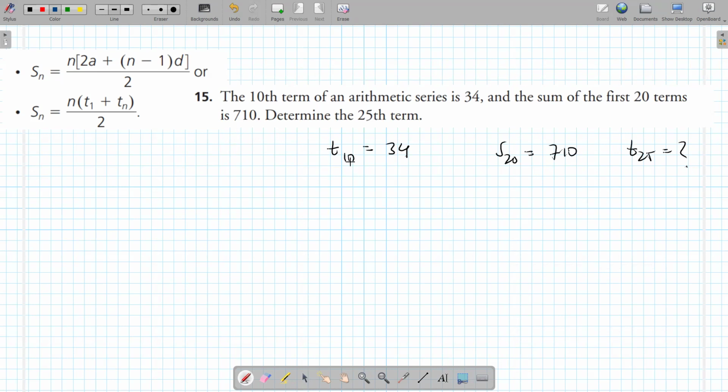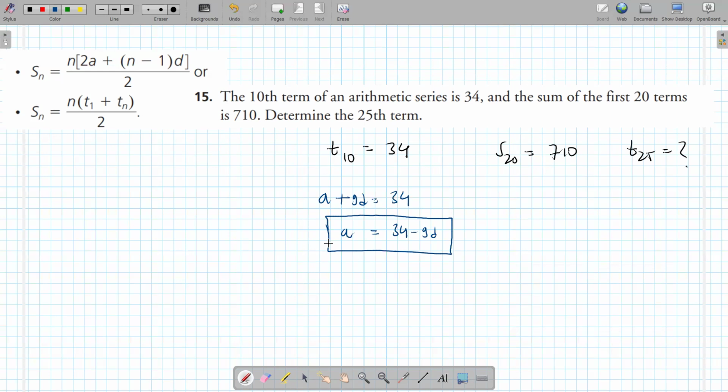For this one, I'm going to rewrite this as A plus 9D. Can I do that? Yes, you can, because this is a formula for T10. So that's our first equation. I'm just going to write it in this form in case we need to do substitution.